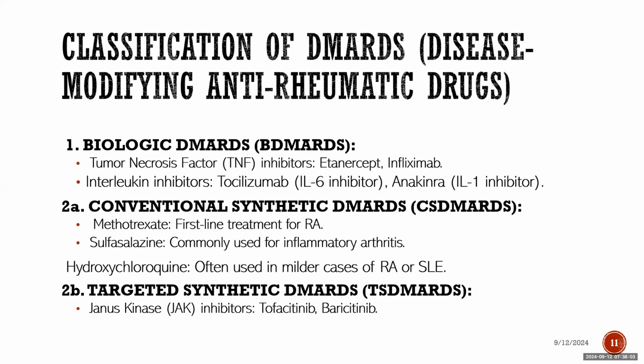So how do we classify DMARDs? The DMARDs typically will be classified into those that are biologics and those that are synthetic. So in the biologics, we can have examples, a subclass of tumor necrosis factor inhibitors like etanercept, infliximab. Then for the interleukin inhibitors, we can have tocilizumab, which is an interleukin-6 inhibitor, and anakinra, an interleukin-1 inhibitor.